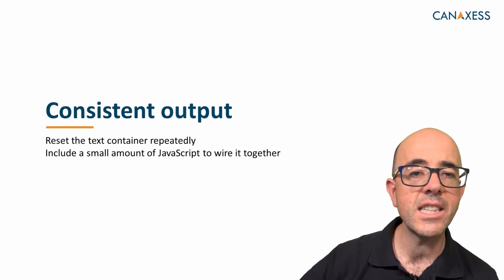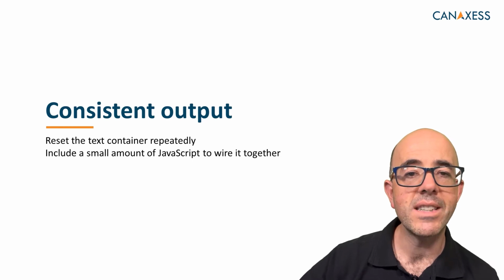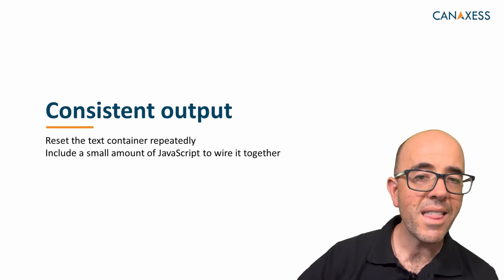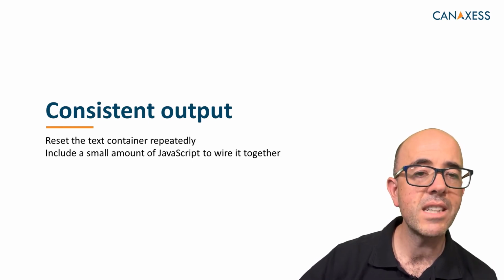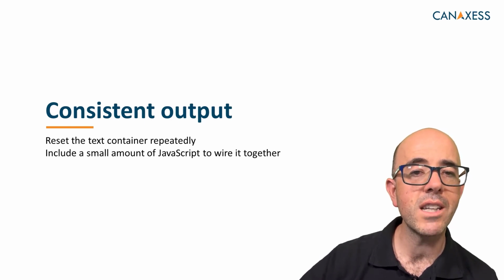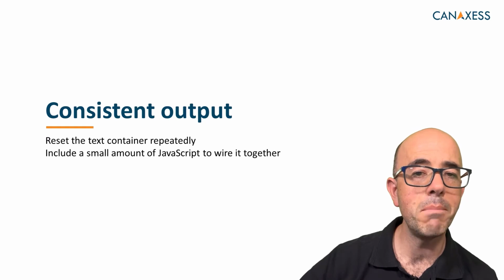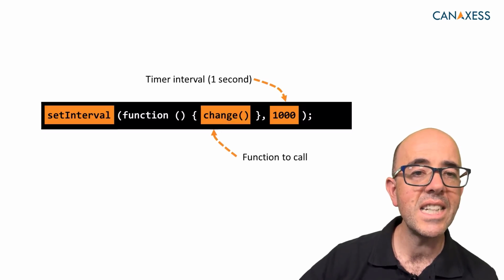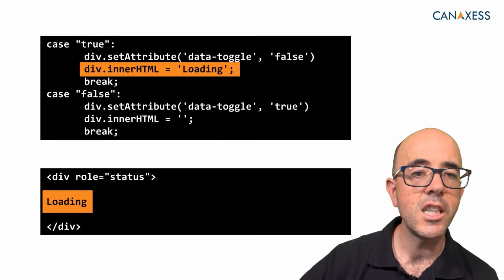To trigger consistent screen reader output of a single unchanged word, the text container must be reset repeatedly. For a good screen reader user experience, it isn't enough to merely change several characters. Using the setInterval method in JavaScript, a function is repeatedly called which toggles the container text using the inner HTML property.